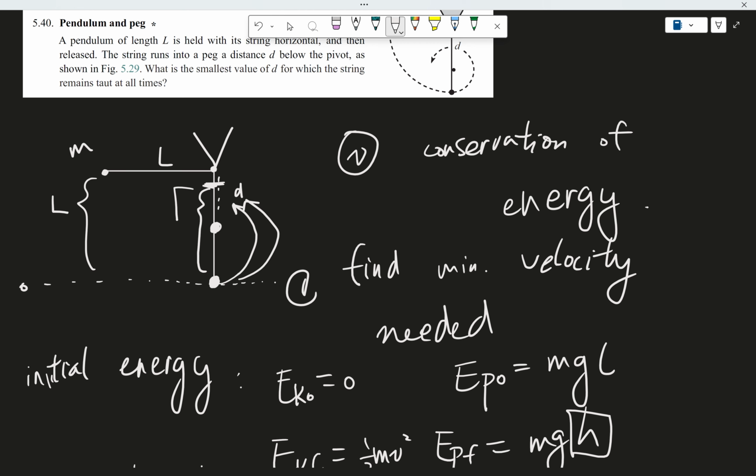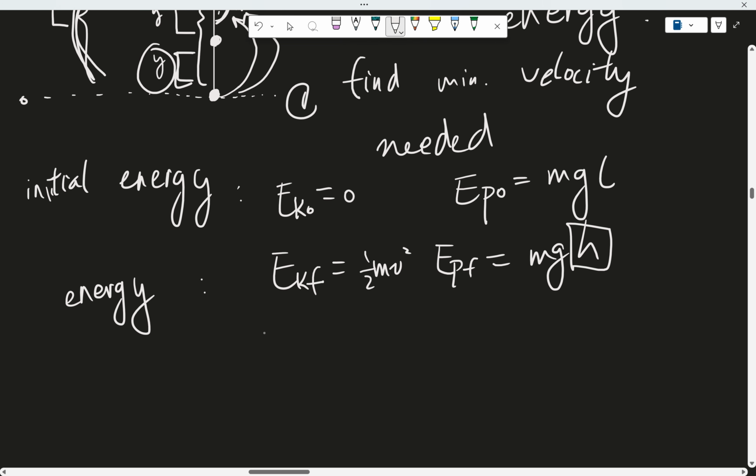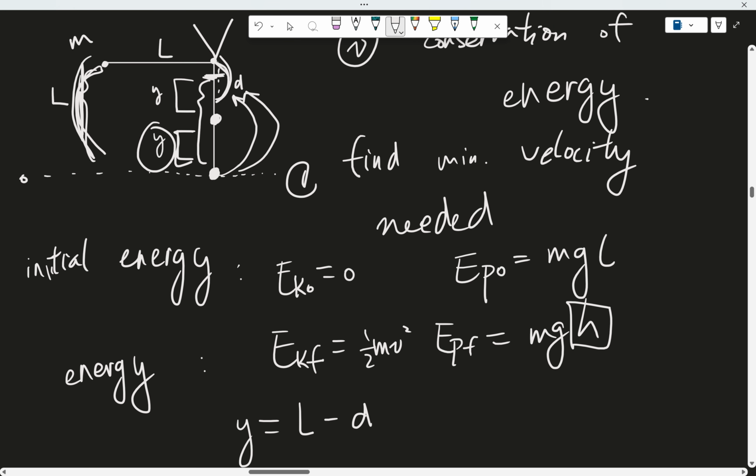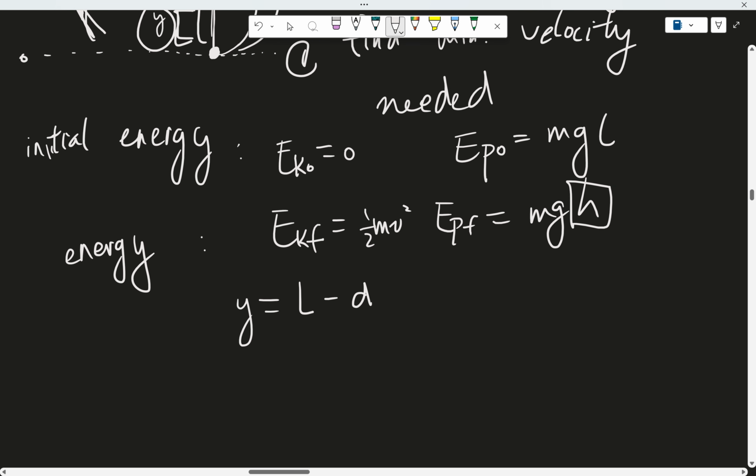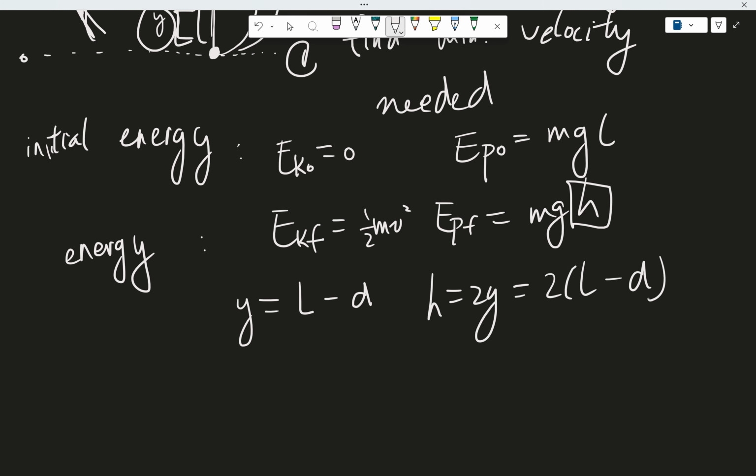And so this distance must be equal to this distance. Let's call that y. And we can get this y easily, since we know that this is L and this here is d. So this y should be L minus d. This bigger chunk minus the smaller one, we get this distance here. And since it's a circle, this segment must be y too, which is also L minus d. And so then we know that height is just 2y, which is 2(L minus d).